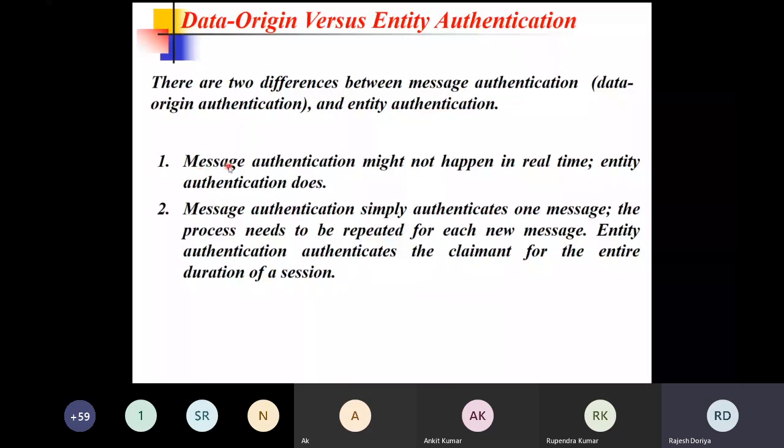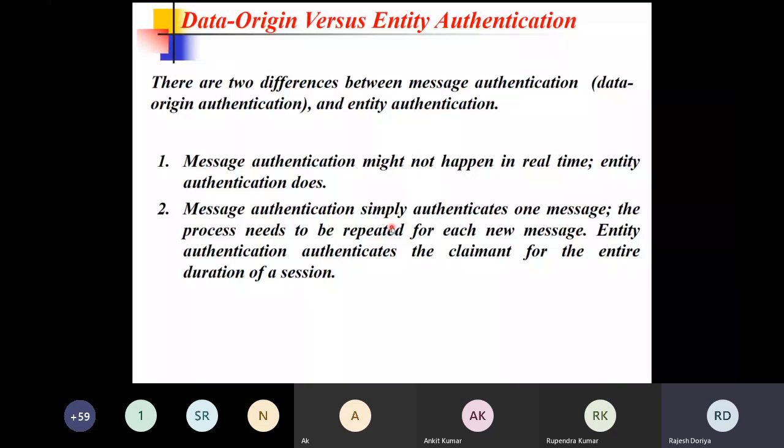And the second difference is, message authentication simply authenticates one message, and then the process needs to be repeated for each new message. Let's say we have 10 messages and we want to send those 10 messages to the other party in case of mail. Each time you are sending a message, every time you need to authenticate yourself to the other party.